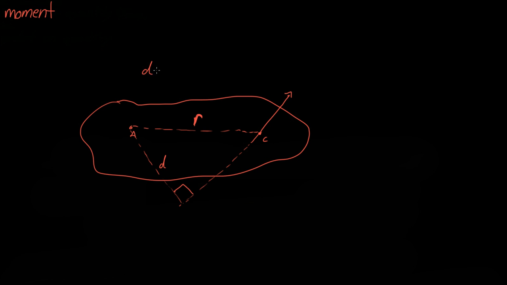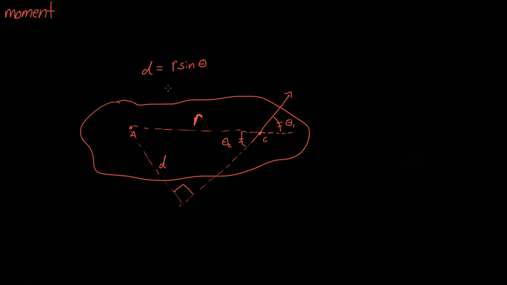So D is equal to r, lowercase r, sine of this angle. Now you may not know what this angle is, but you probably know what this angle is. If you know what angle 1 is, then you must know what angle 2 is. So all you have to do is know this angle, and you can get D.